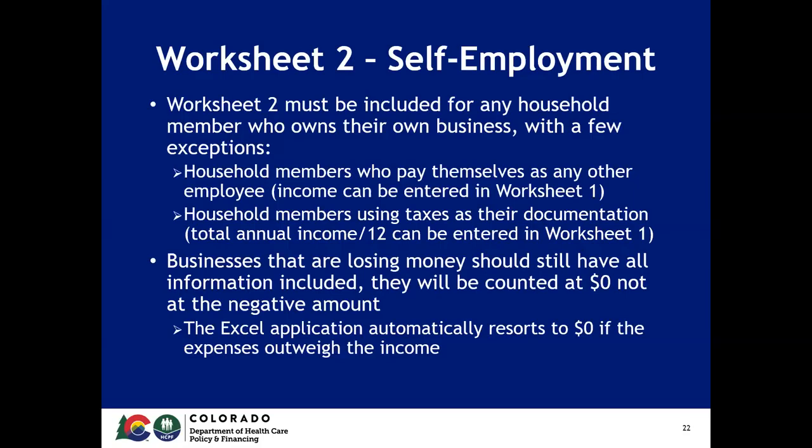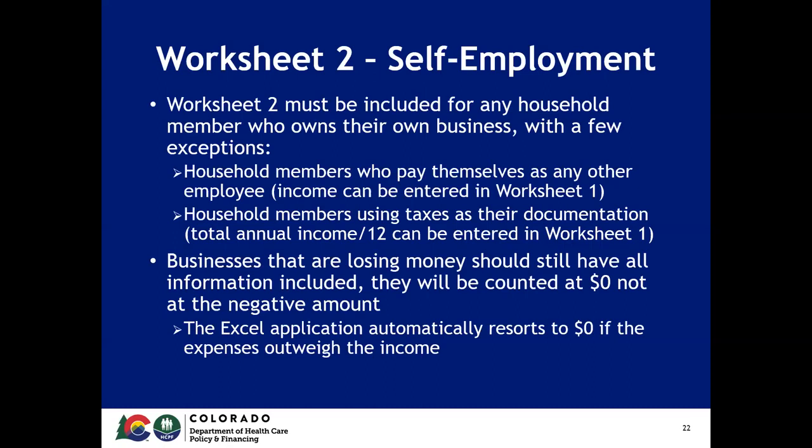All right, so the second worksheet is for self-employed household members. This one must be included for any household member who owns their own business, with a couple exceptions. The first one being household members who pay themselves as they would any other employee, in which case their income can be entered into worksheet 1. And then household members using taxes as their documentation.